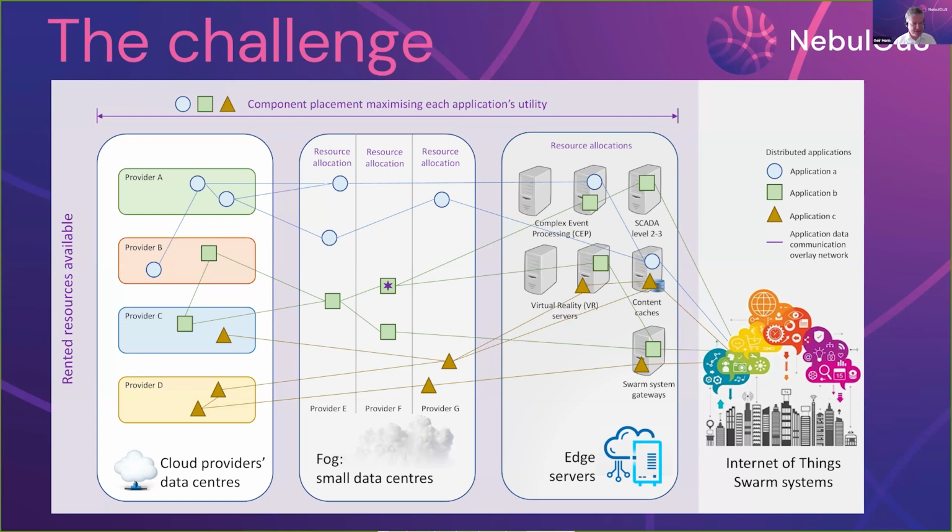This is fairly easy when it comes to the cloud and also the fog data centers, where it's possible to acquire resources, and the actual resource provisioning is being done by the data centers or the providers in that areas. But when it comes to edge servers, then of course the resources are being physically shared among applications, and whether a resource or a server at the edge supports virtualization, so multiple applications can run at the same time, or whether it is taken by the first application coming requesting that resource.